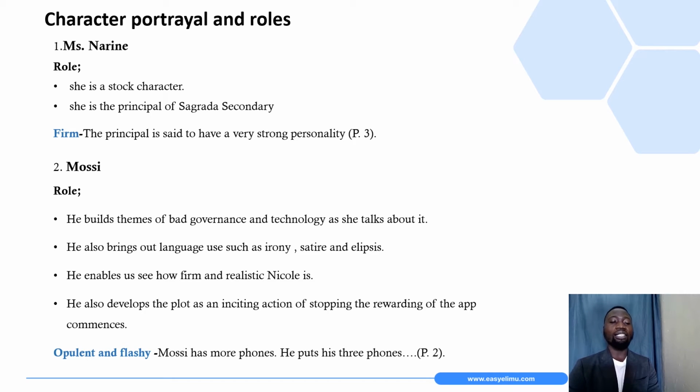We are also told that another role that he plays, dear students, is that he enables the readers to see how firm and realistic Nicole is. Let me take an example with the governors that we have in our counties.